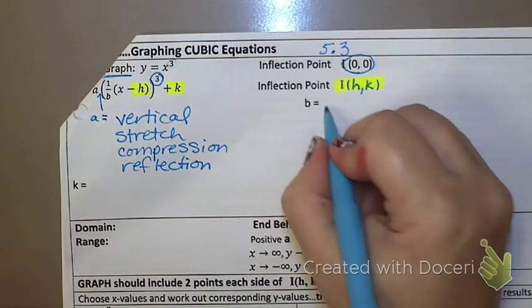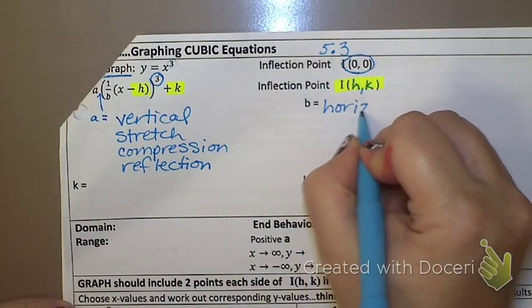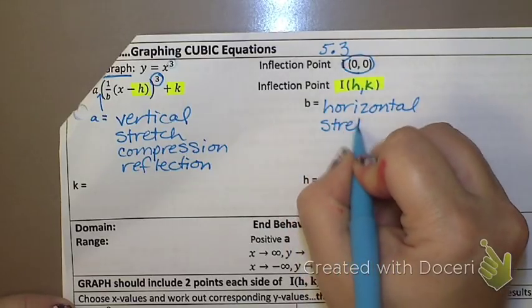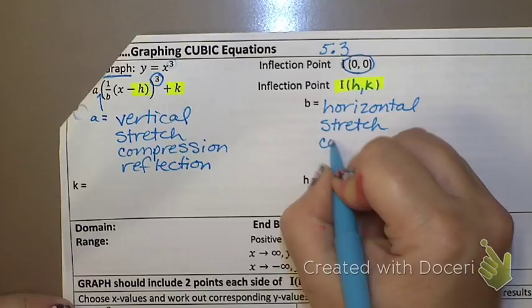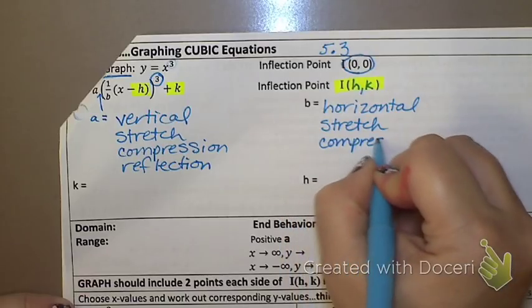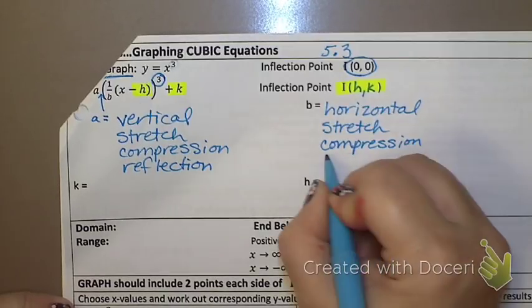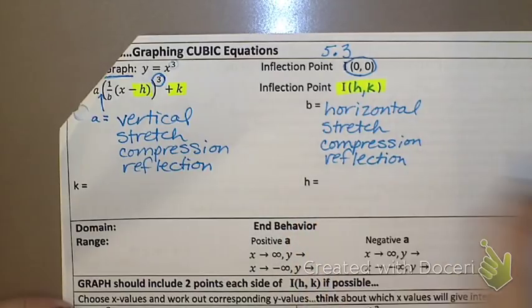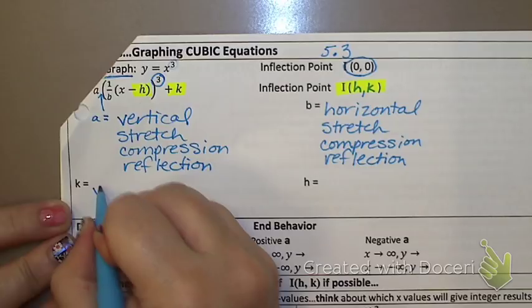b is still a horizontal stretch, compression, or reflection. k is a vertical shift.